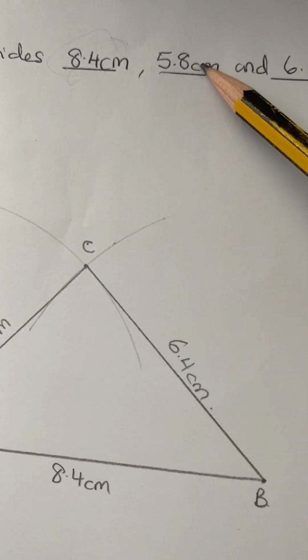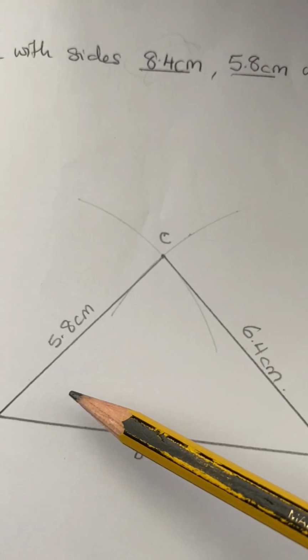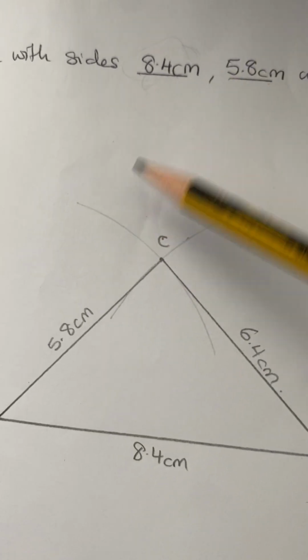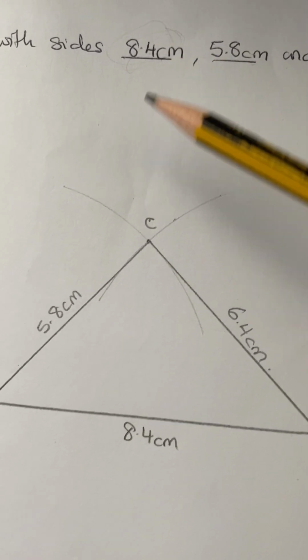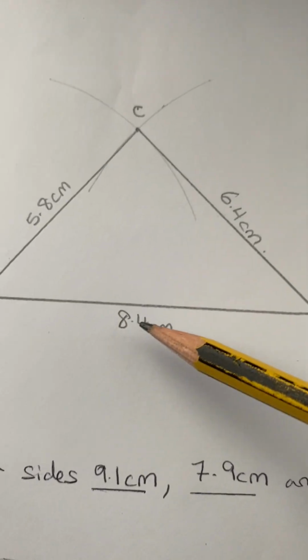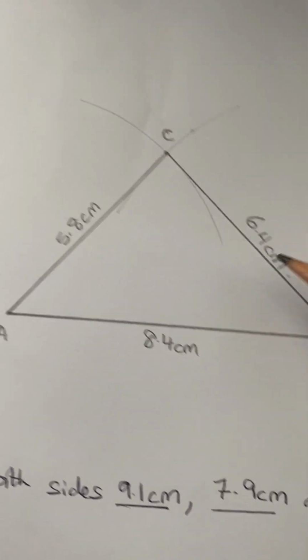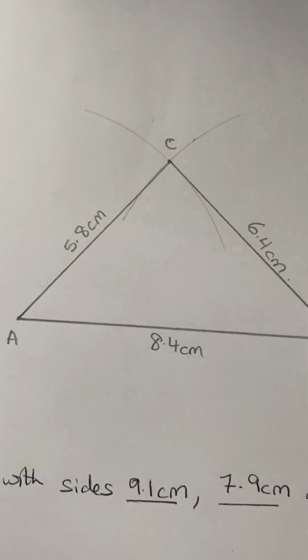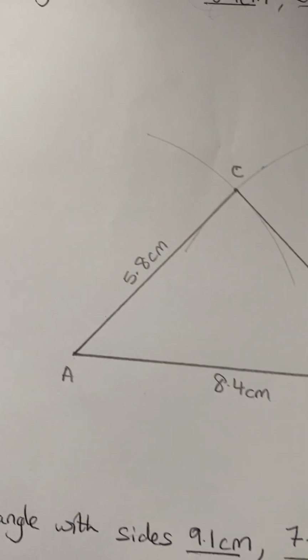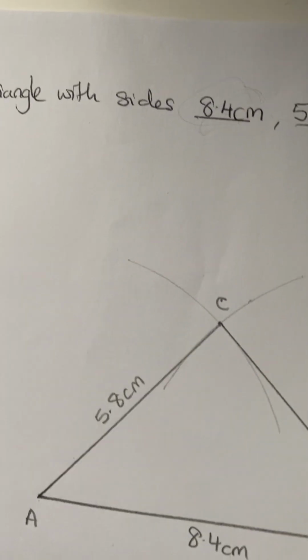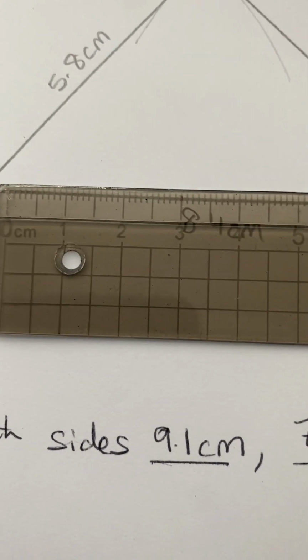If you go for 5.8 centimeters, your angle might go a bit up. But if you start with this 8.4, then you can get enough space. So again, 8.4 centimeters there.